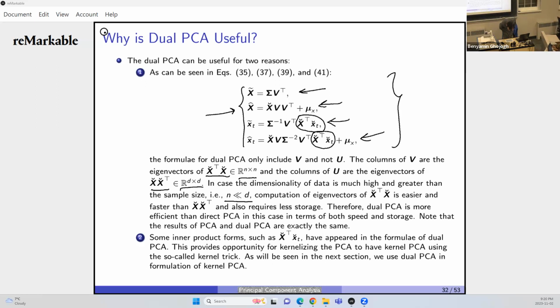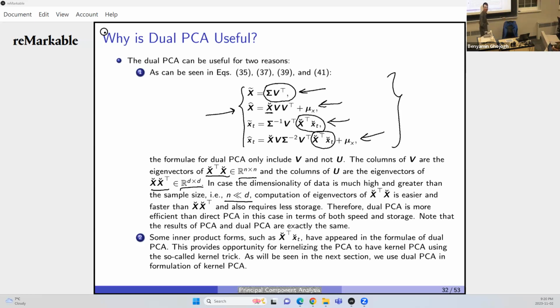By the way, here unfortunately we have one single X. Ignoring this part, we have either X transpose X or we don't have any X. So it's good for the kernel trick. Do you remember the kernel trick? We used it in SVM and kernel ridge regression. So replace X transpose X by phi X transpose phi X, which is a kernel. So dual PCA is useful for having kernel PCA.